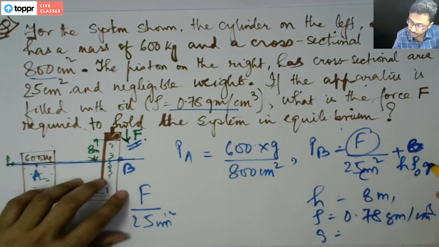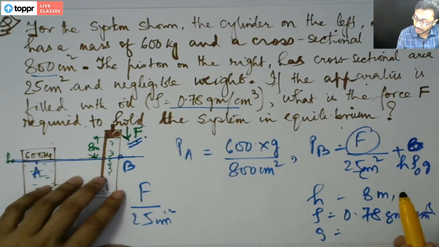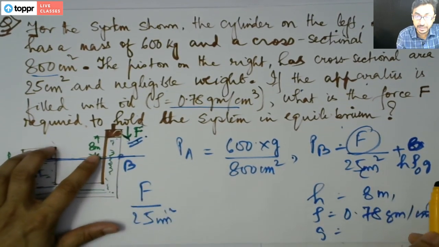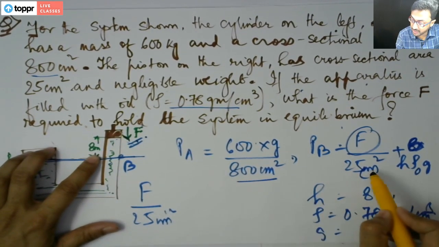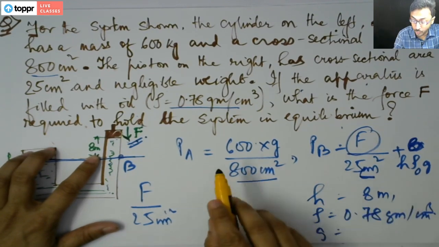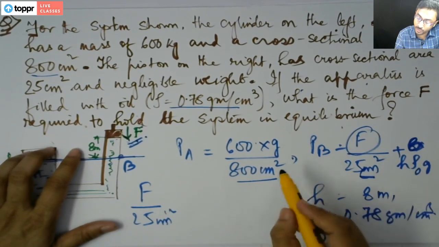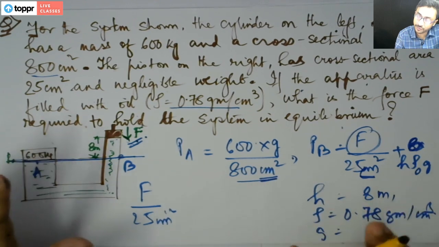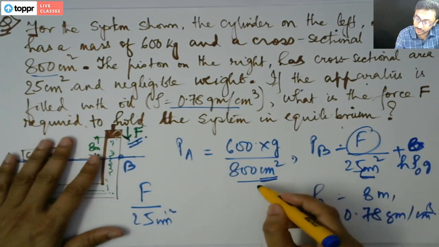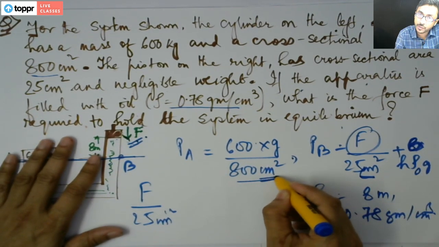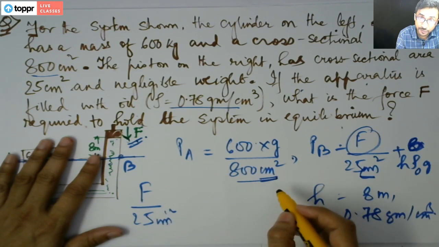Two things you need to remember. Here the height is given in meters, whereas the area is in centimeter squared. So whenever we do this kind of problem, we have to convert the units. 1 centimeter squared is 10 to the power minus 4 meter squared.